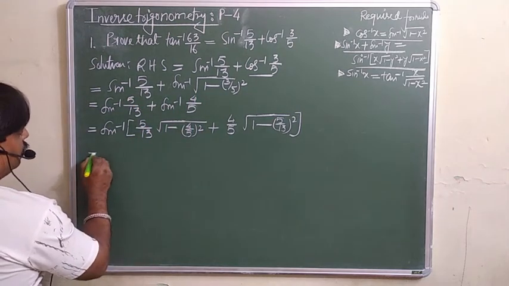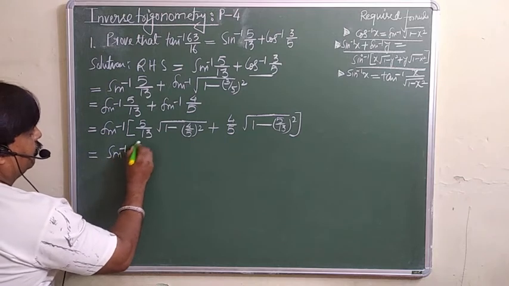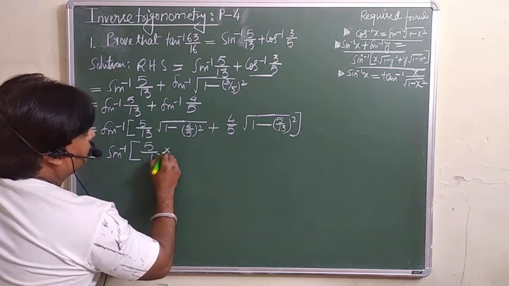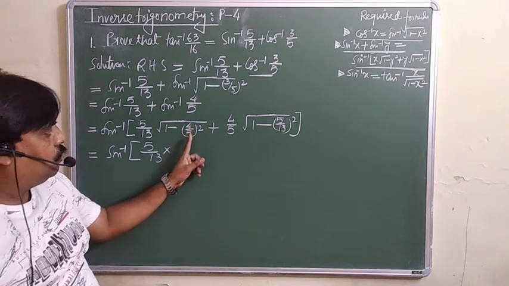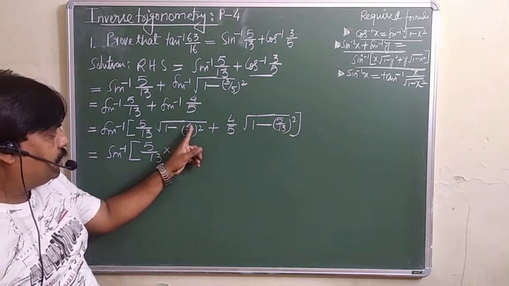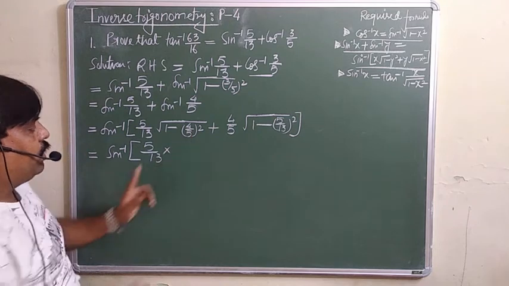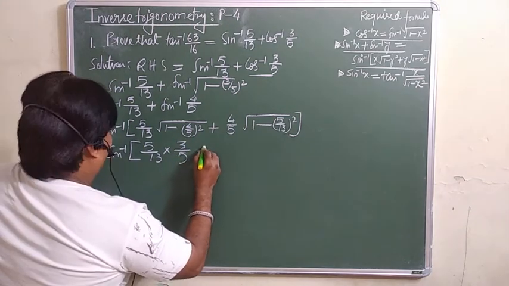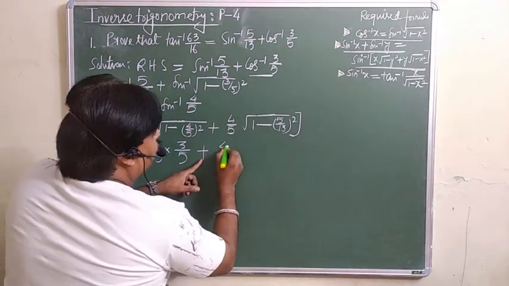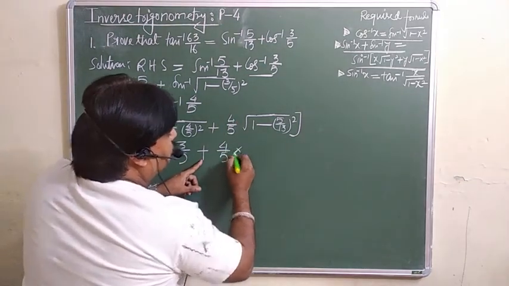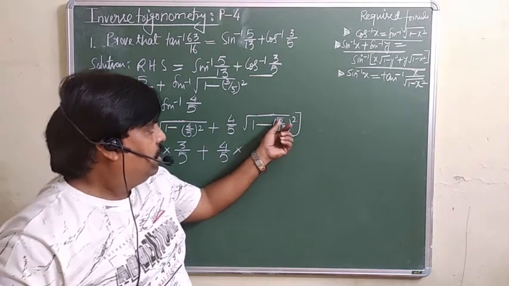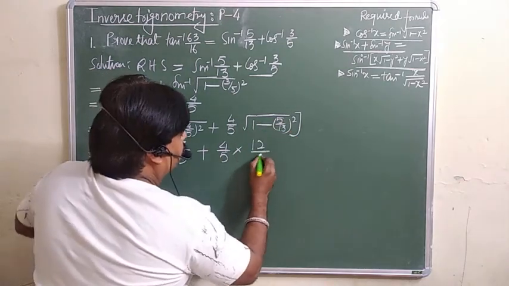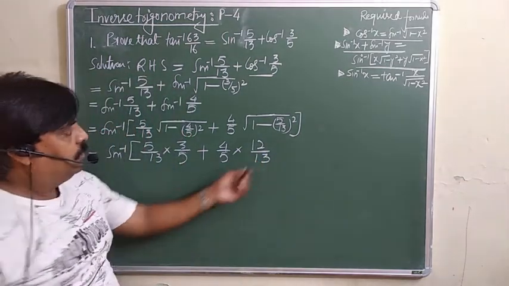Solve it. You will get sin inverse of 5 over 13 into under root 1 minus 16 over 25, 25 minus 16, 9 over 25, so that is 3 over 5, plus 4 over 5 into under root 1 minus 25 over 169, 169 minus 25 is 144, that is 12 over 13.